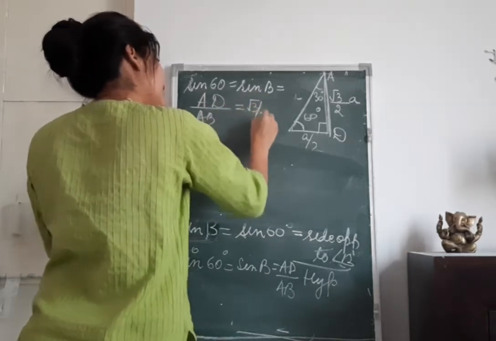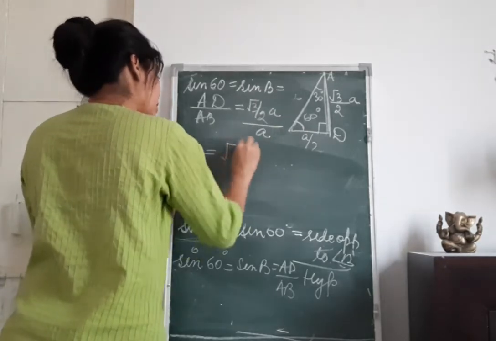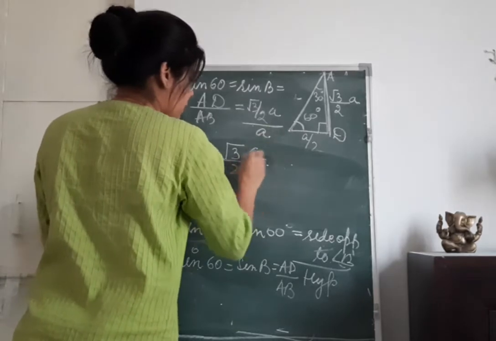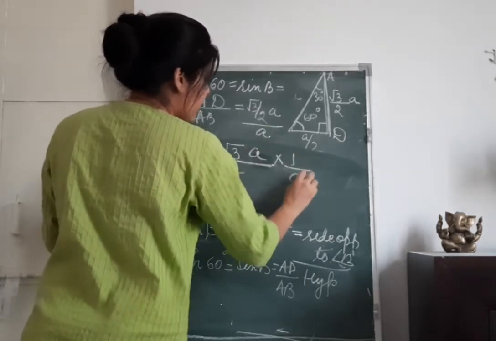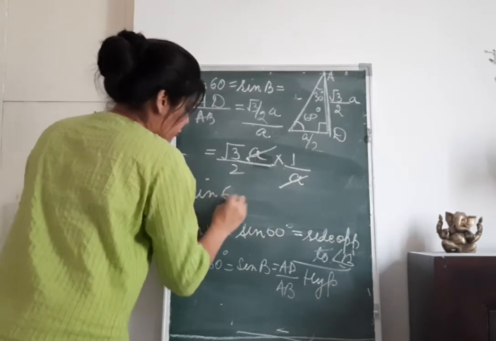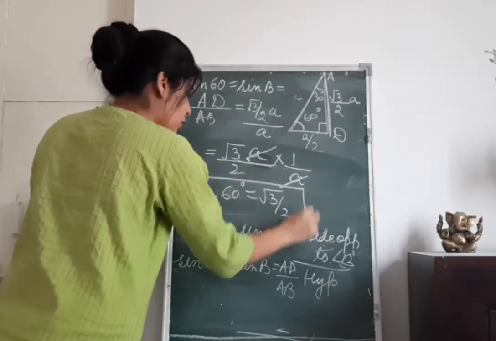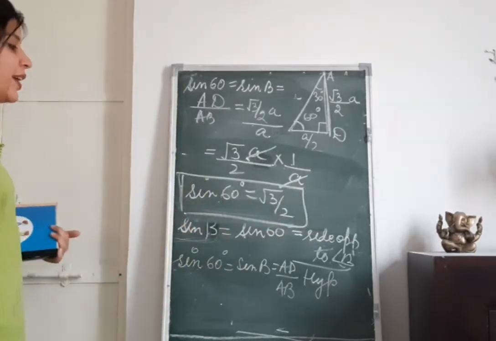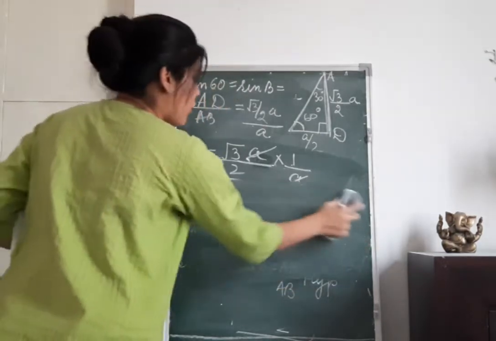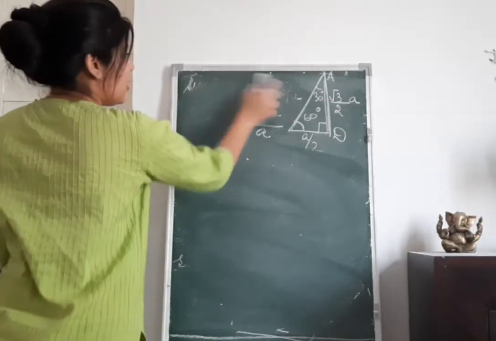Root 3 by 2A upon A. That is root 3 by 2A into 1 by A. A and A will get cancelled. So I have sine 60 degree as root 3 by 2. You can see how we have found out the value of sine 30 degree and sine 60 degree. Now let's move on to find out the values of cos 30 degree and cos 60 degree.